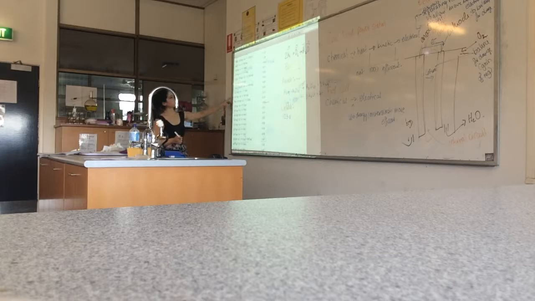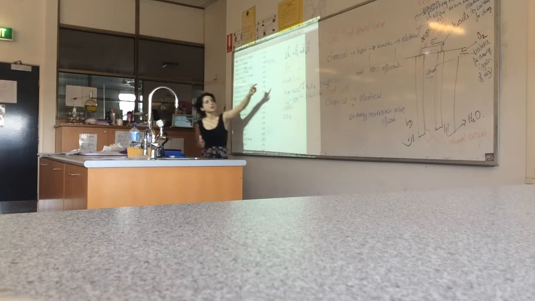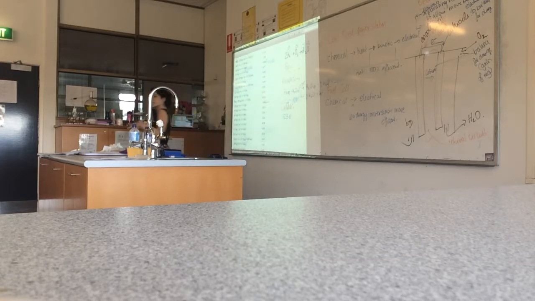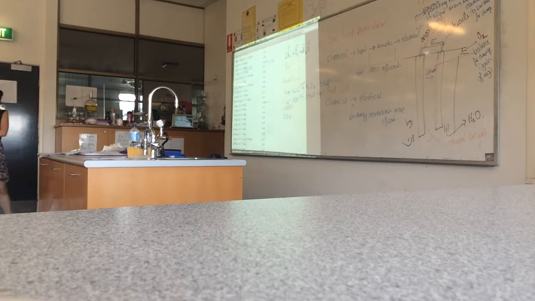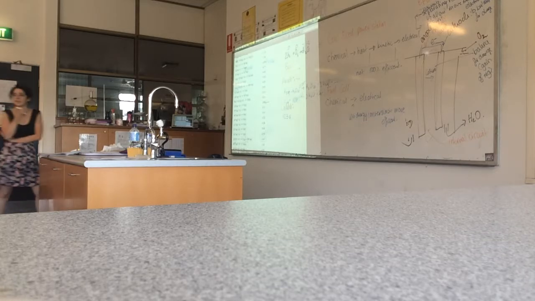Plus 0.68. Plus 0.68, which one? But it's producing hydrogen peroxide. Remember that our only product is water. What's another possibility? Keep looking. You're doing the right thing by looking at where oxygen is in an acidic environment, but you've missed one.